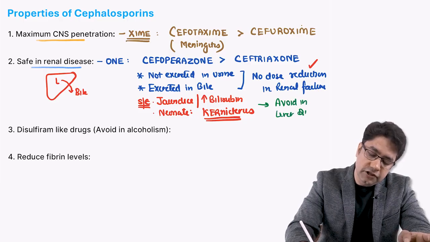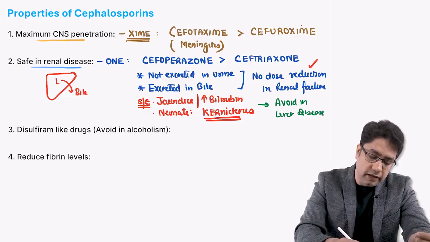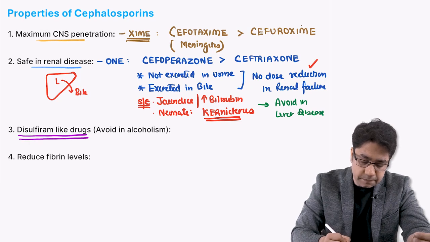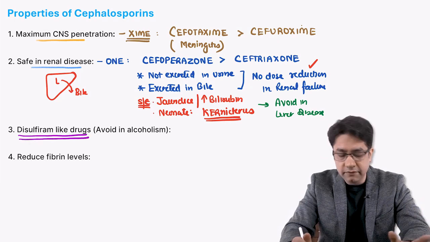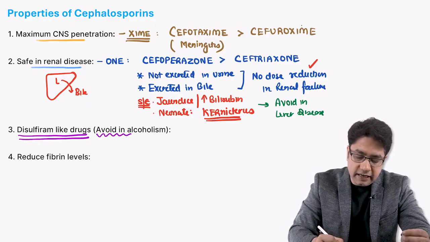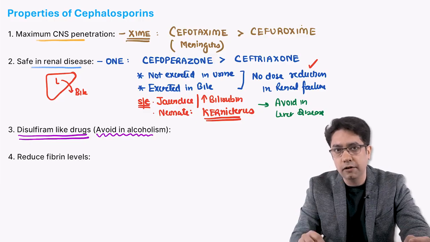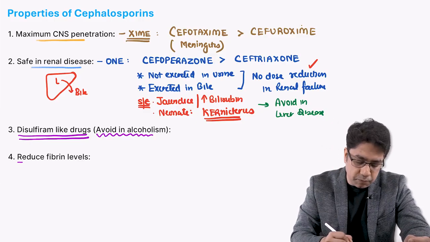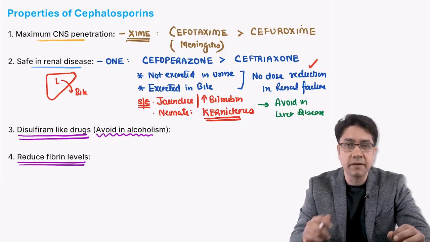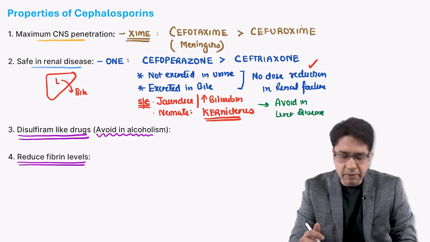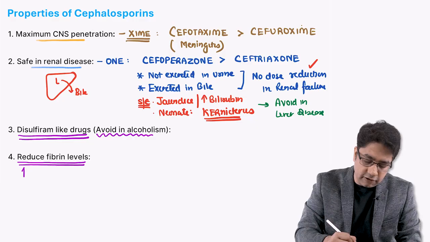So next question is, which cephalosporin can cause disulfiram-like reaction? And remember, any drug which causes disulfiram-like reaction must be avoided in people who drink alcohol. And which cephalosporin reduce fibrin level? Remember, fibrin is a clotting factor. And if the levels of fibrin is reduced, can we say the risk of bleeding will increase?